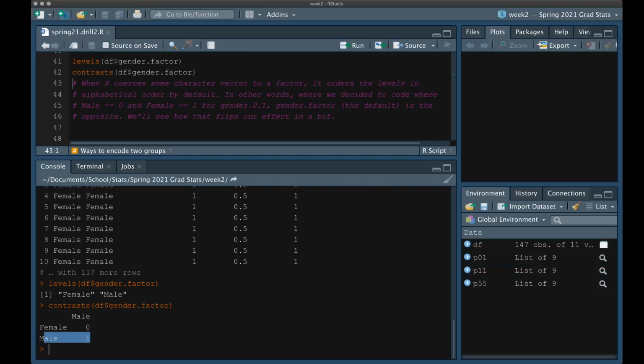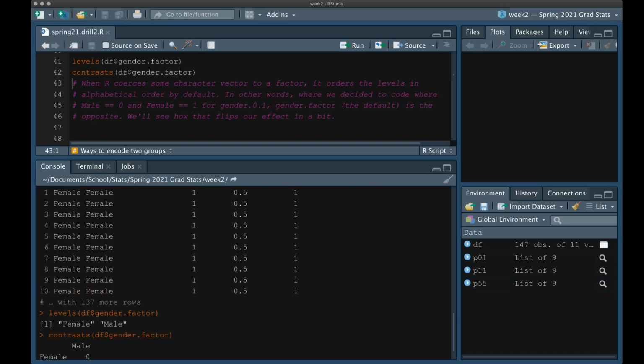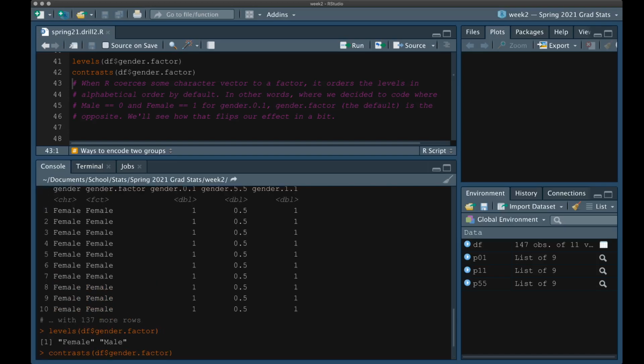So when R coerces some character vector to a factor, it by default takes all of the unique occurrences in that character vector, which in this case are only female and male, so it knows that it has 2 levels, but it orders them in alphabetical order. So that's the order that it gives them in.